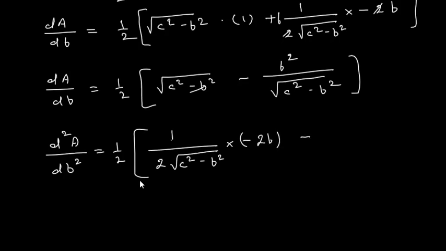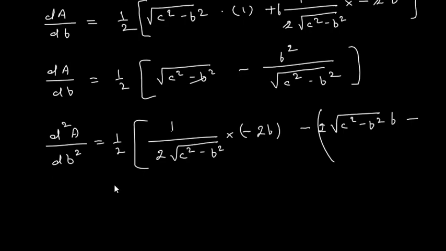Minus the derivative of this term. So here we are going to use u upon v. So first I will write v, which is root of C square minus B square, into the derivative of B square, which is 2B. So I will write 2 here and I will write B here. Then we have minus sign, we have v derivative of u minus u derivative of v.